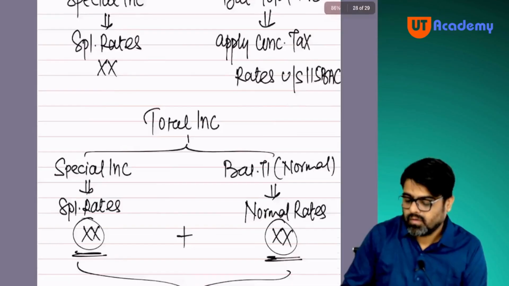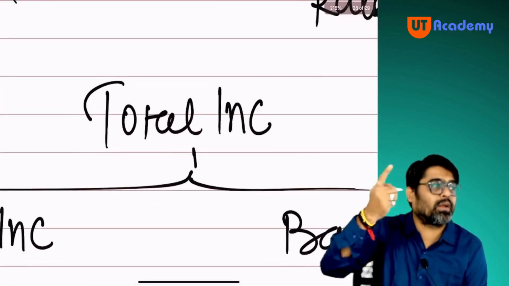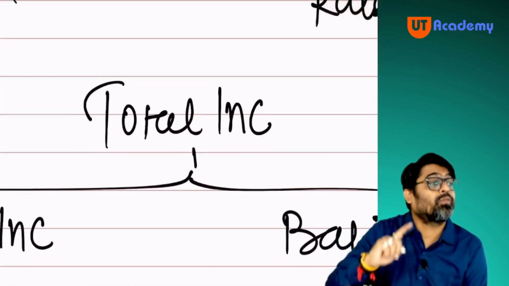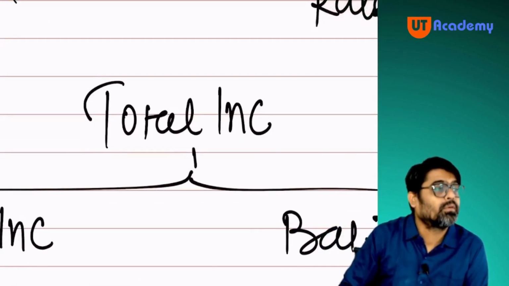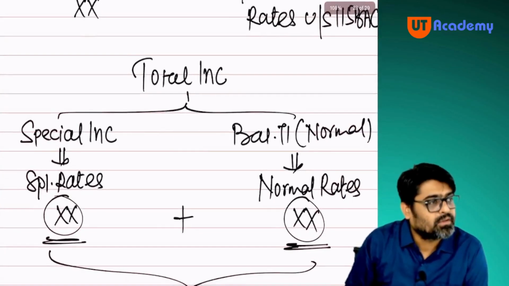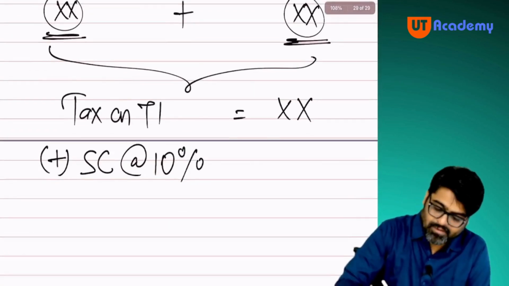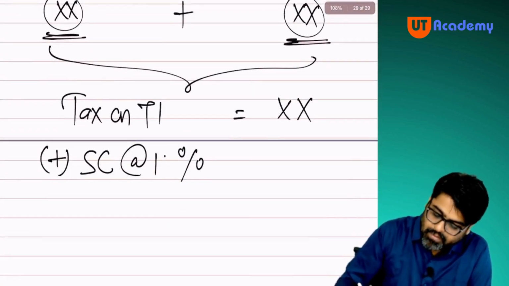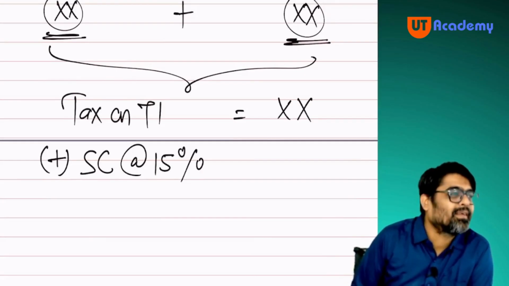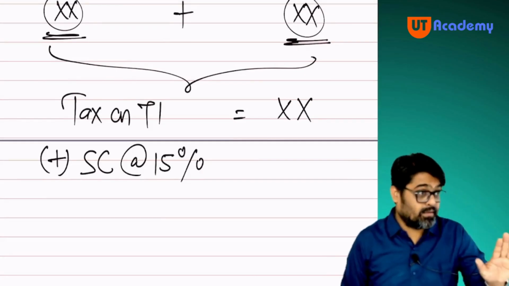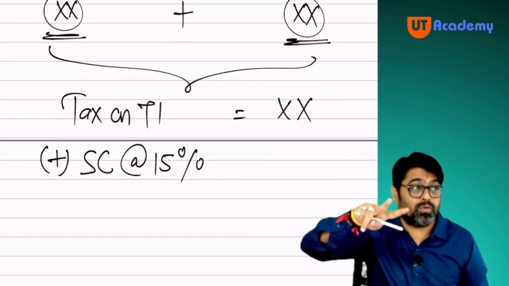Sir, what if the total income is more than 1 crore? Will you pay surcharge? That time also you will have to pay, but the rate of surcharge will become 15%. But your total income should not be more than 2 crores.